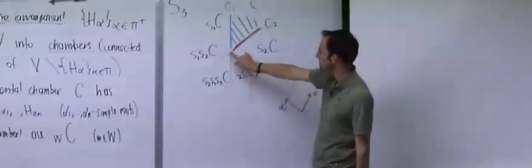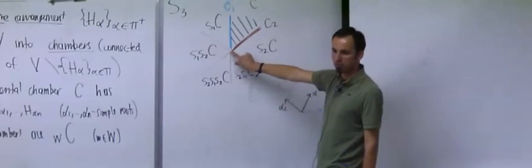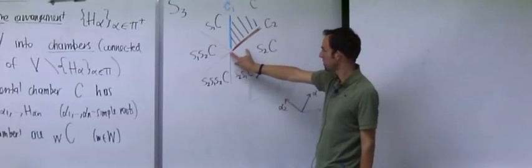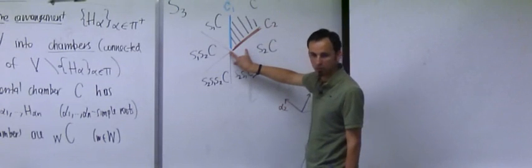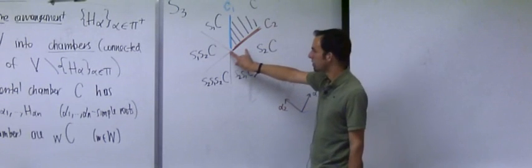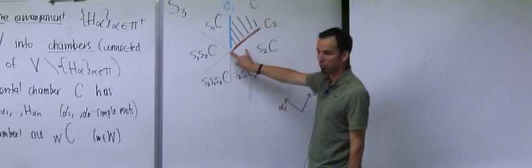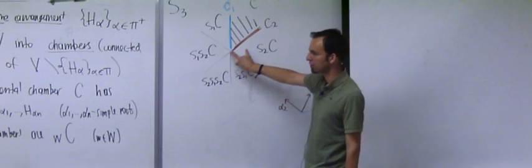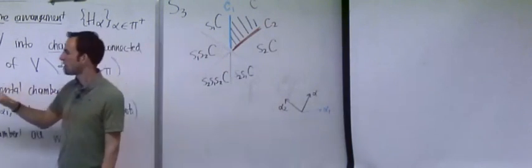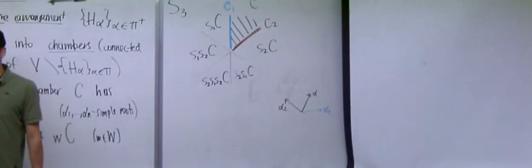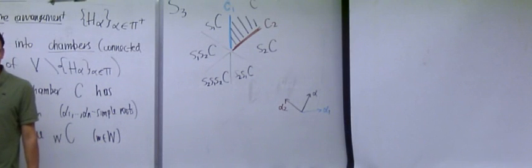Now let me ask you, is this point included in C1 or in C2? It's actually not in both. And the reason is that I made this a strict inequality. So it's in the closure of both, but C1 doesn't contain this little point, C2 doesn't contain this little point. This little point has its own name.